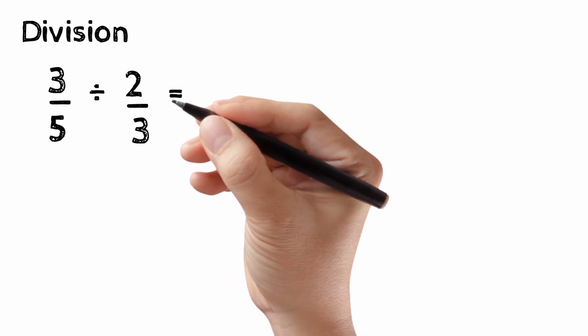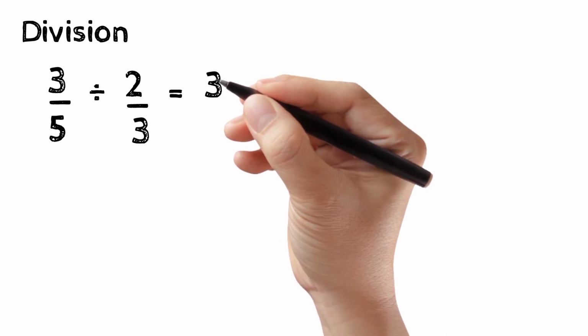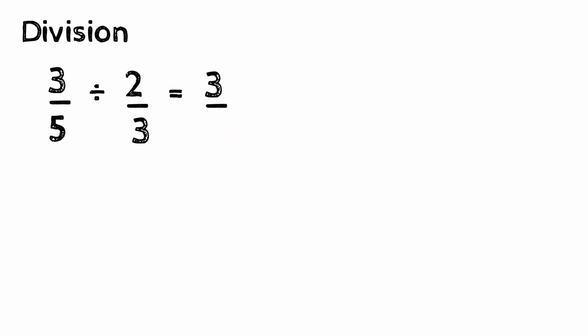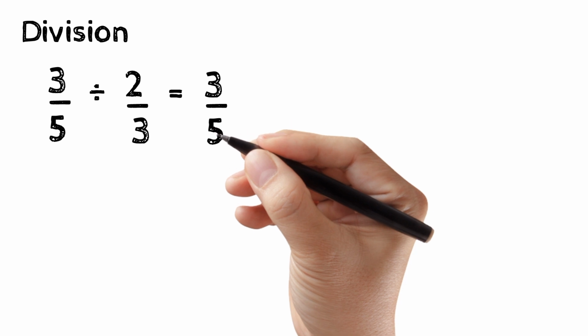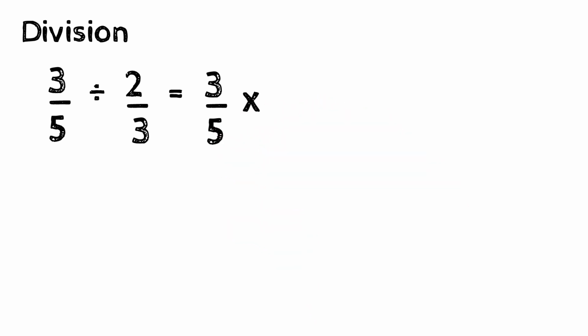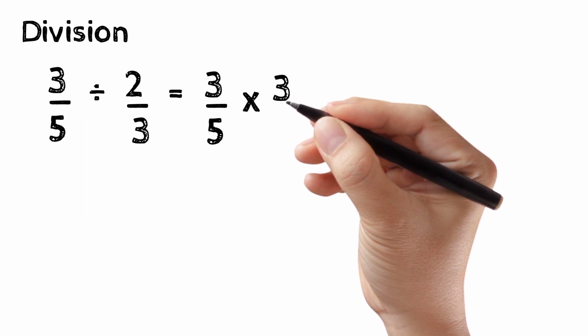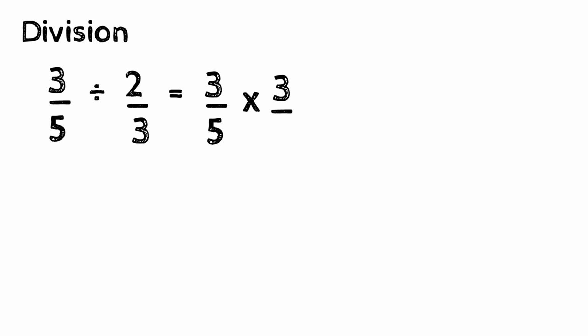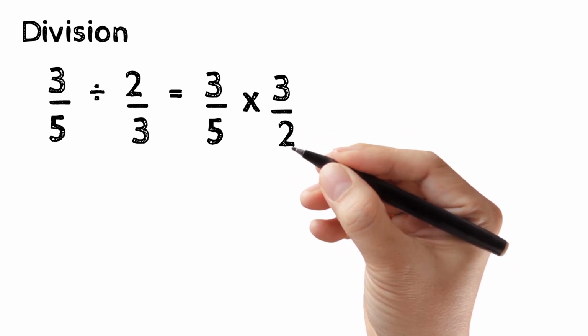This is equal to, first of all, write the first fraction, which is 3 over 5, and then change the division sign into multiplication. And then the other fraction, you do the reciprocal. You turn it upside down. So here it is 3 over 2.